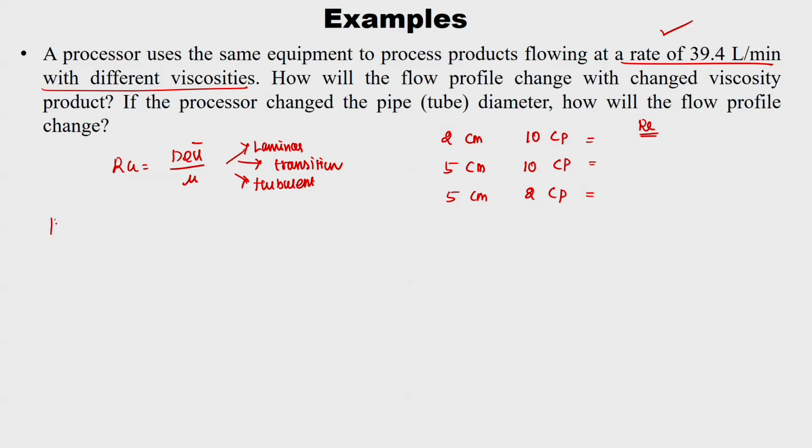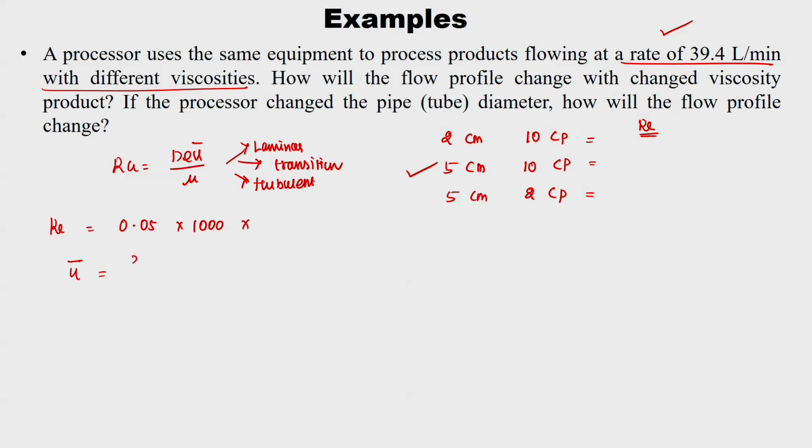The first one we are going to do, Re: my diameter is 0.05 and my density I am just taking 1000 kg per meter cube, and the flow rate given is 39.4 liter per minute. So, I am going to change it to meter cube per minute, but what I need is average velocity.